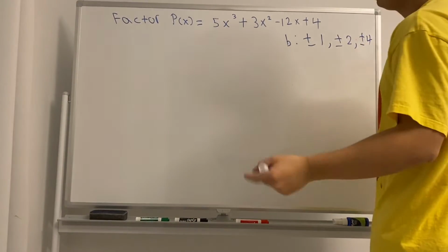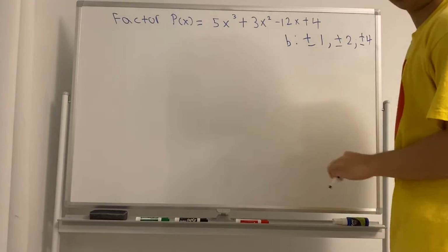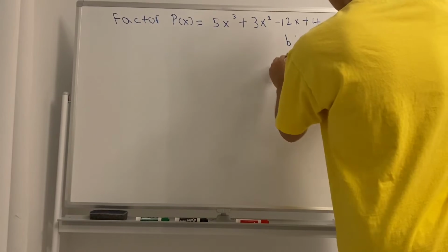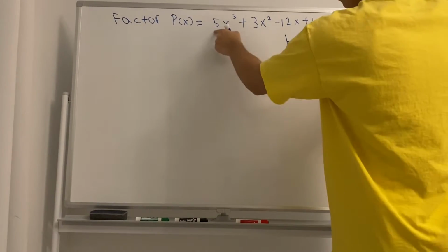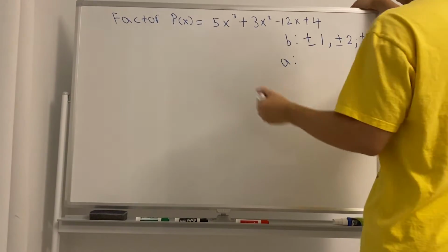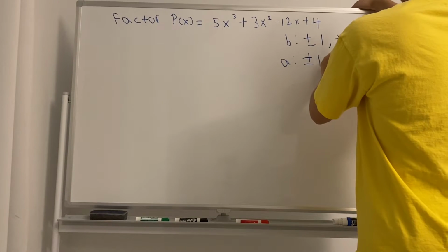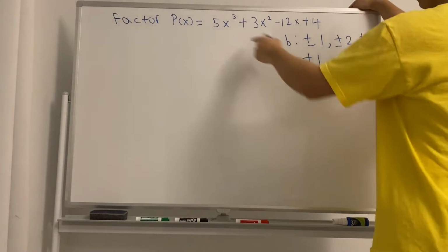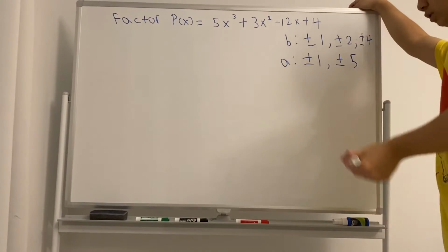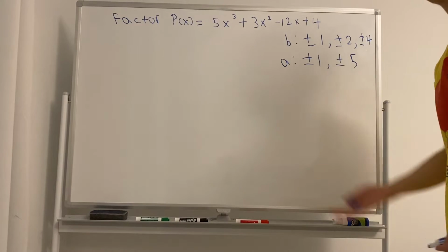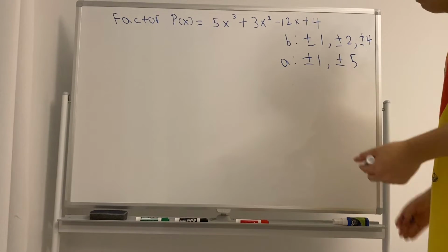And now you have to write out the factors of the leading coefficient, or the a value. So this is the a value, that's a 5, so we have to write out the factors of 5. So 1 and plus or minus 5. These are the factors of 5. Now, if b is a factor of the constant term, and a is a factor of the leading coefficient, we have to use trial and error.